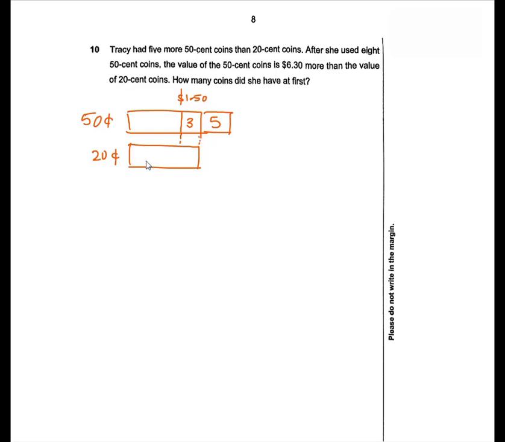Now you look at it, how many 20-cent coins are there? There are 3 more 20-cent coins when you look at it, right? So the value of this, whatever this number here, times 50 cents, is 630 more than whatever this plus 3 times 20. So how much is this here? These 3 coins, 20-cent coins, will give me 60 cents.